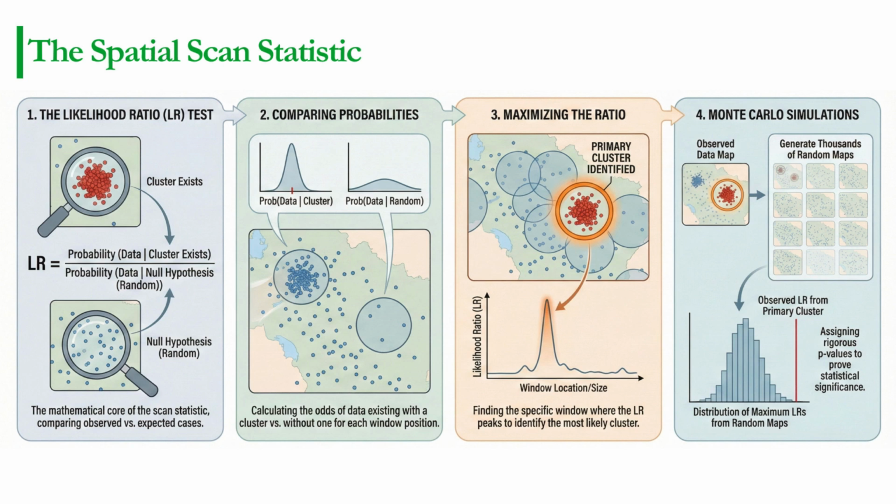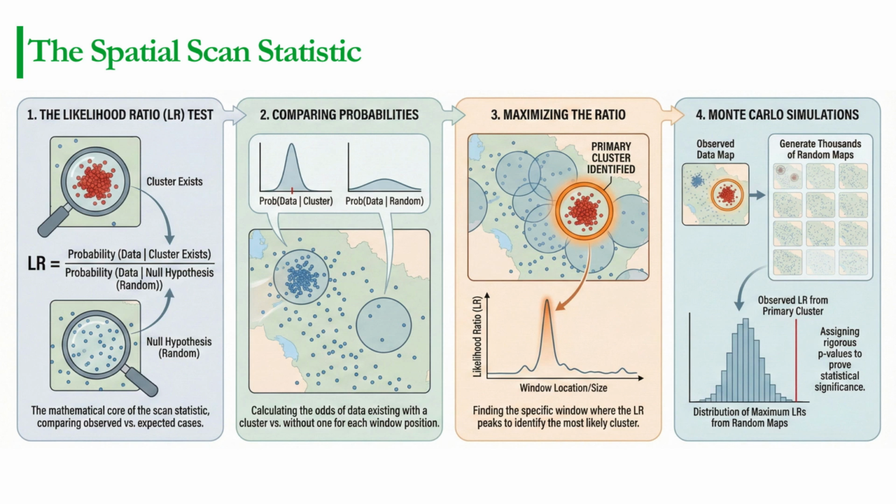The second is the probability of observing the same data under the null hypothesis, meaning the disease is randomly distributed. The formula compares the number of observed cases inside the window, the number expected inside, and the number outside. The window that produces the largest likelihood ratio is flagged as the most likely cluster.